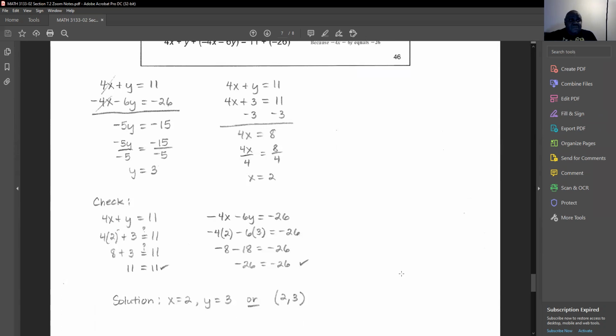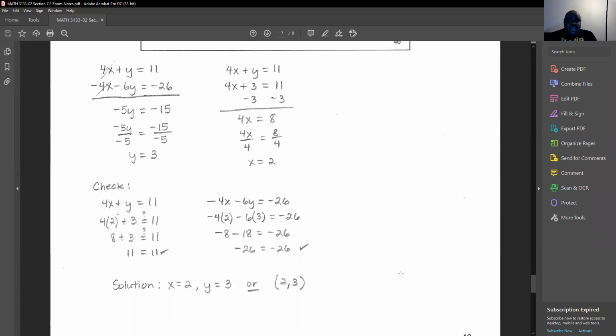We can also check to see if the x and the y values satisfy the original system of equations. And it does, as you can see by the check here. So here x is equal to 2, y is equal to 3. Also, we can write that as an ordered pair, 2, 3.